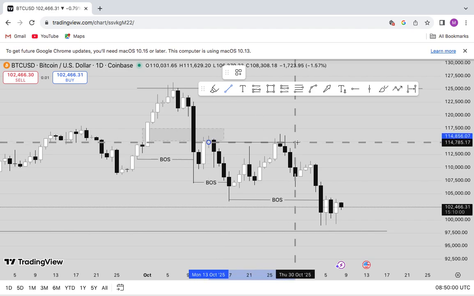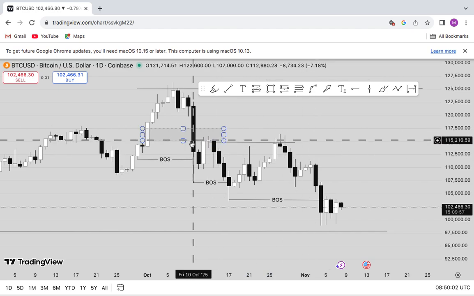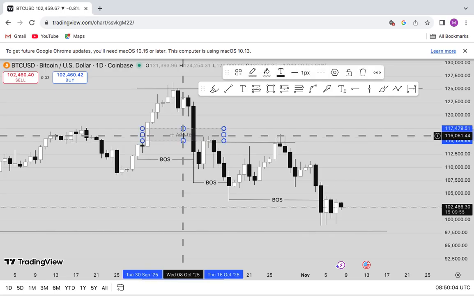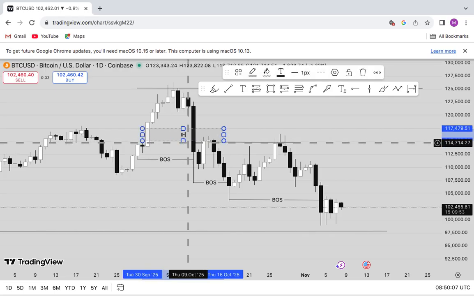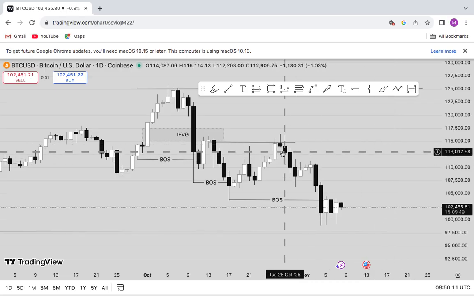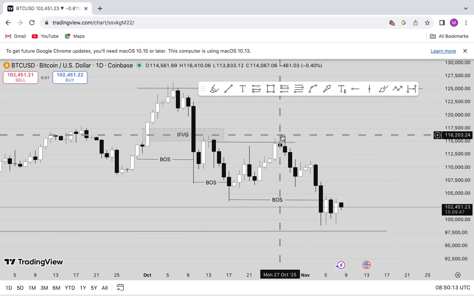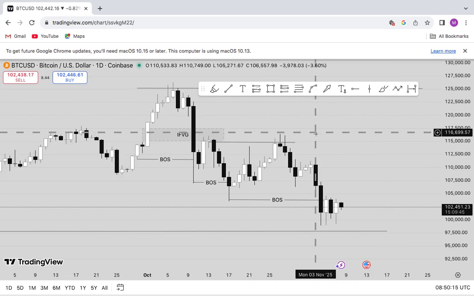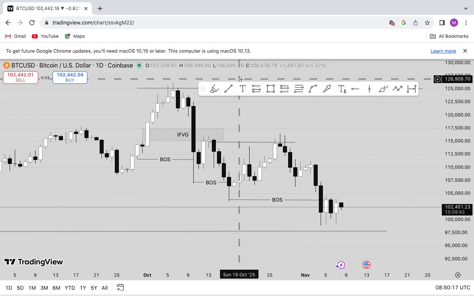So price came here to the order block, and let me put this. So here we had an inverted fair value gap, which is also a balanced price range. So price came here, Turtle Soup, gave us this Turtle Soup up here and pushed to the downside.